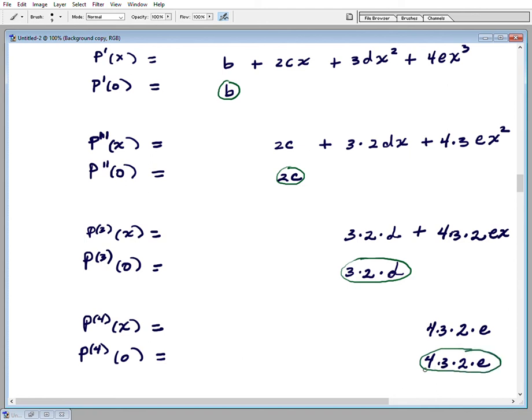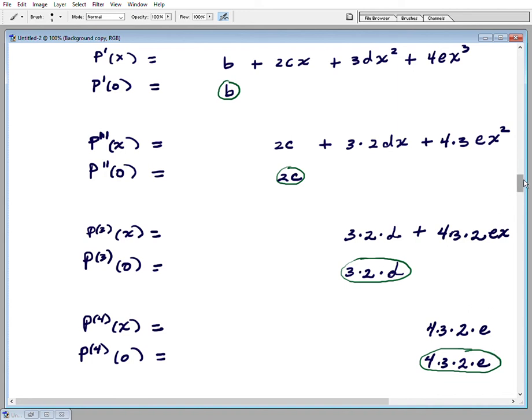We took the derivative 4 times, so we got 4 times 3 times 2 times e. Here we only took the derivative twice, so we got 2 times that coefficient. Here we took the derivative 3 times, and from bringing down all those exponents, we got 3 times 2 times the coefficient of x cubed. And here 4 times, so we got 4 times 3 times 2 times the coefficient of x to the fourth.